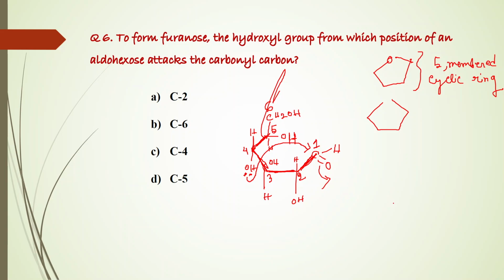The structure will look something like this. Just vaguely I am writing. You had one oxygen atom attached here. You have another oxygen which has attacked this carbonyl center. Now you have your OH group, hydrogen. This already had a hydrogen atom like this, and this is your CH2OH group.